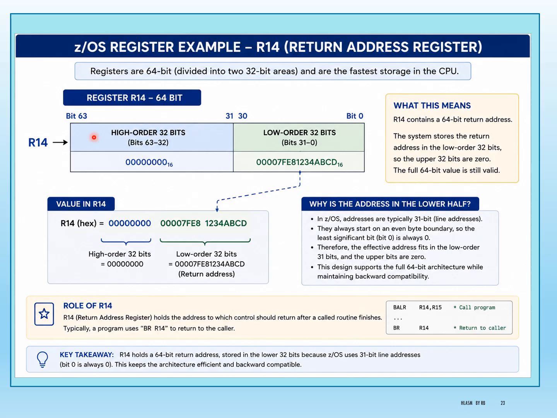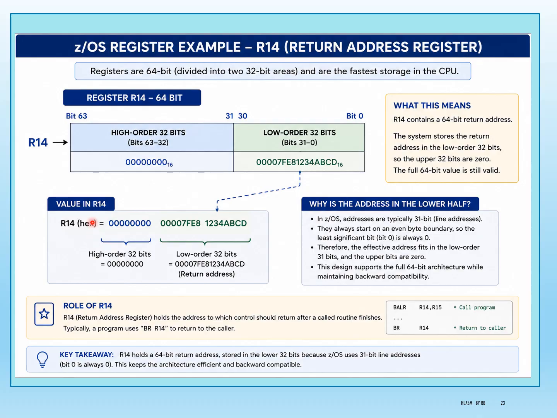That is the beauty of this entire operating system. That is why it is here for the last 50, 60 years. So very strategically it is using the low order 32 bits. Yes, there are commands which use the entire 64 bits, but when it comes to registers, we are using this 32-bit here, and the higher order is 0.